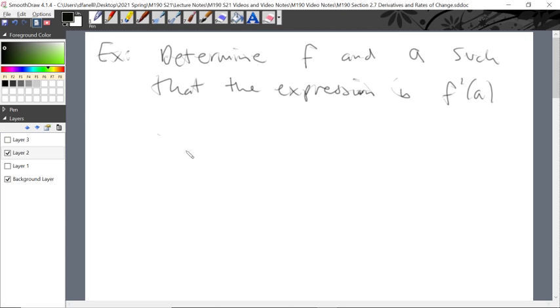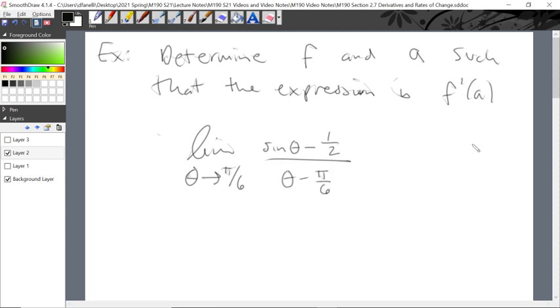The given expression I'll give you would be the limit as theta approaches pi over 6 of the sine of theta minus 1/2 over theta minus pi over 6. So I've changed the variable here, the input variable. The input variable now is theta.